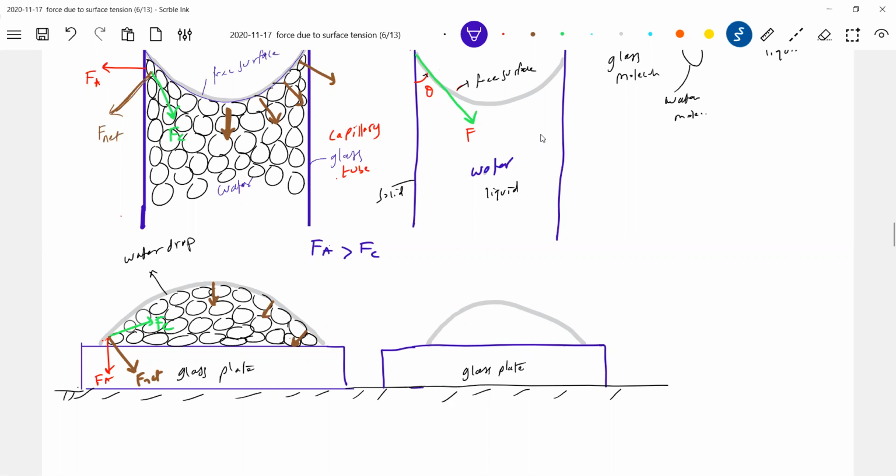So what is the angle of contact? This should be the angle of contact. Okay, fine, agreed. And how will the force be exerted here?